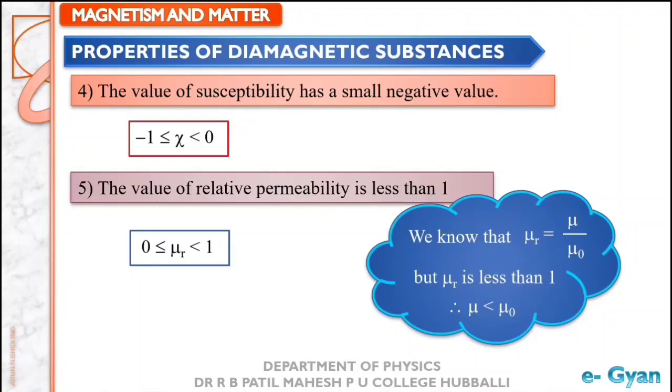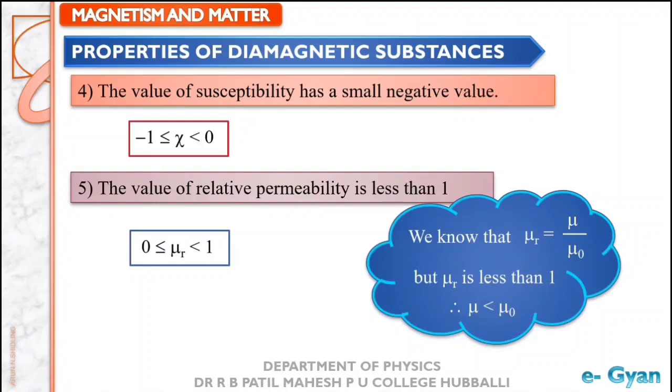This also tells us that mu r is less than 1 because mu is much less than mu naught, which is because the magnetic field lines are trying to pass out of the material rather than passing through it.